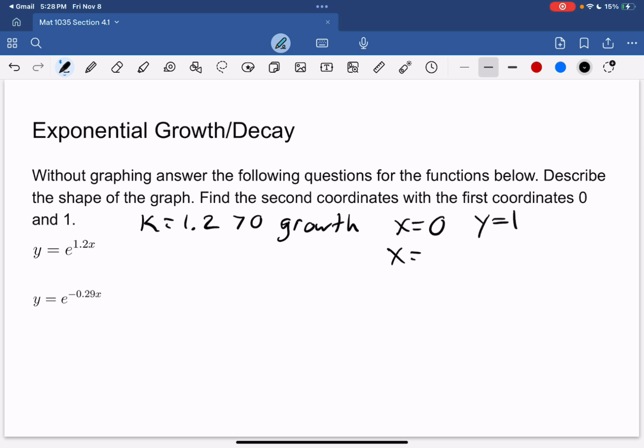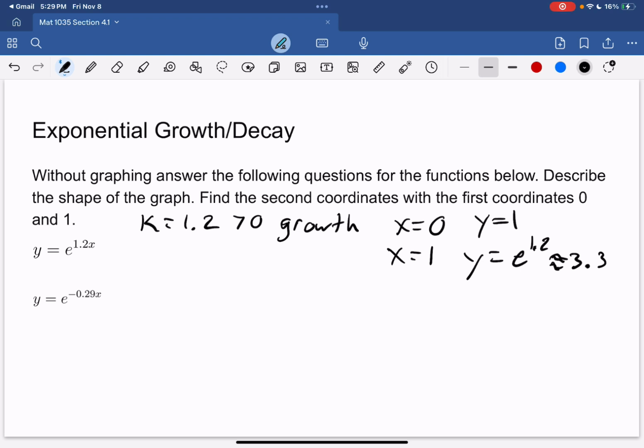When x is equal to 1, I'm going to just plug in 1 for x. So I get e to the 1.2 times 1, which is just 1.2, and that is approximately 3.3.